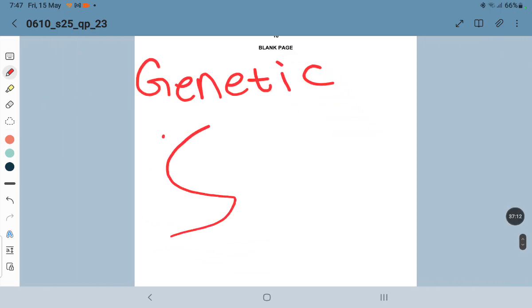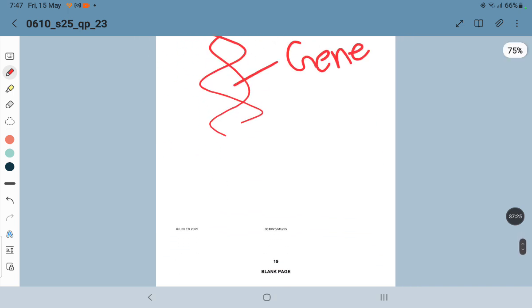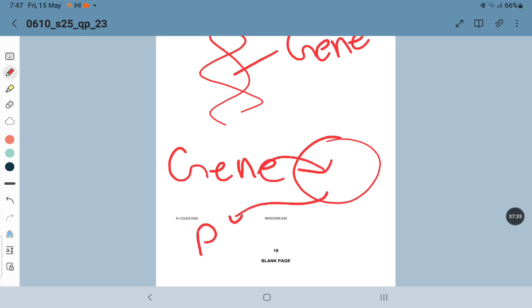If I have a DNA like that, and I extracted a gene out of the DNA, that gene will be placed into the bacterial plasmid.